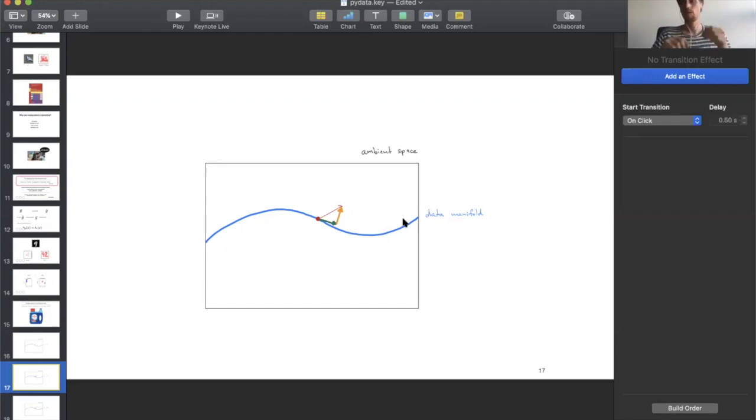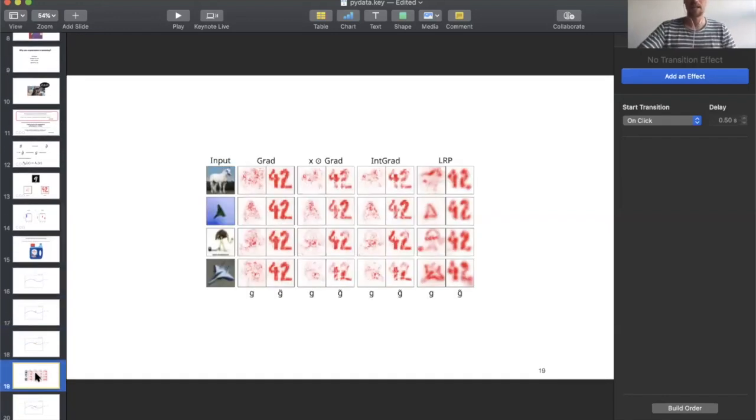In the paper, we really show this with differential geometry. So we start from a function defined on the data manifold, and then we show that we can extend it and manipulate the gradient orthogonal to the data manifold. Okay, so this is just saying what I just said. And here are a few more pictures.